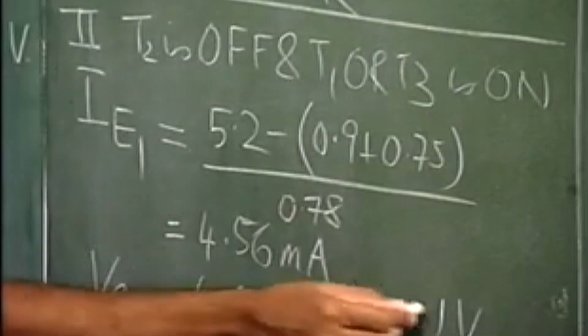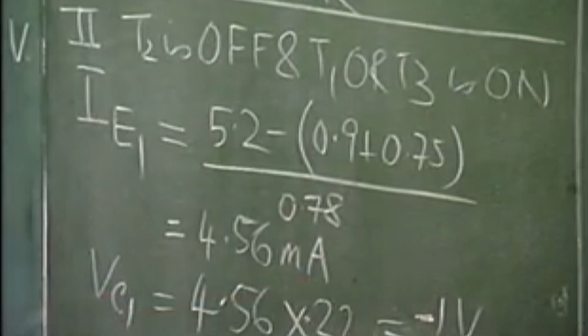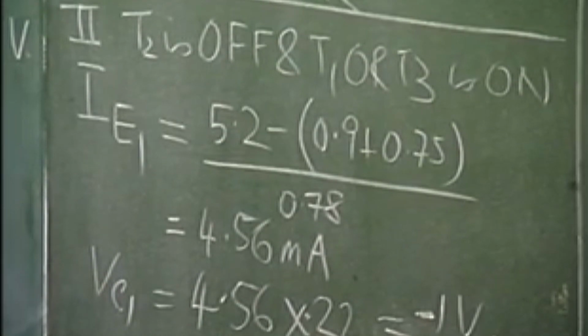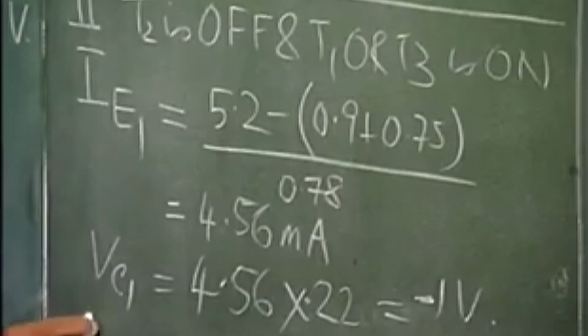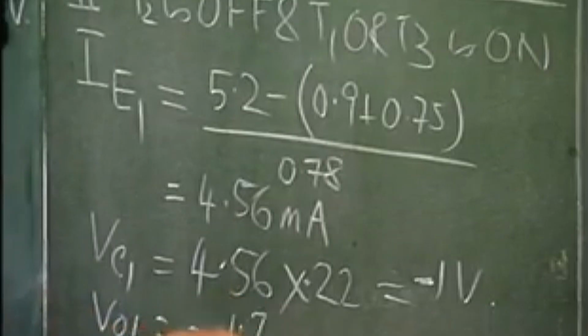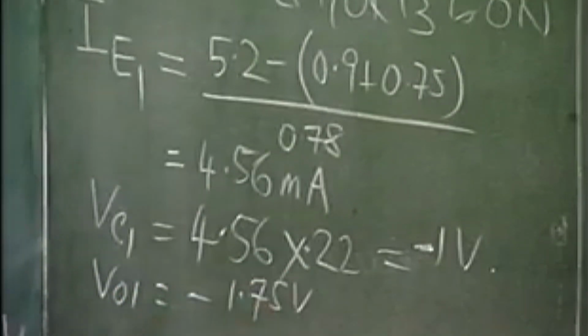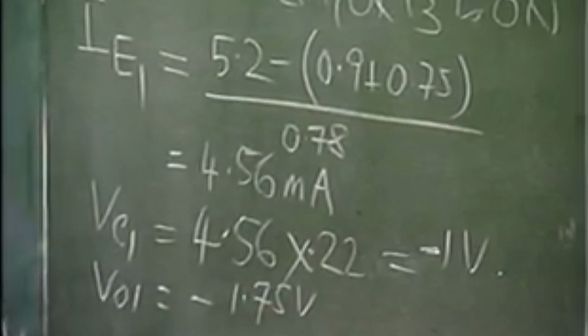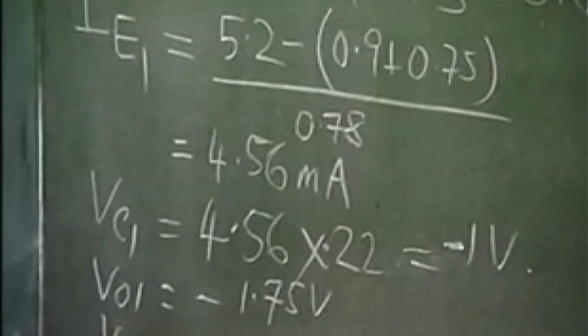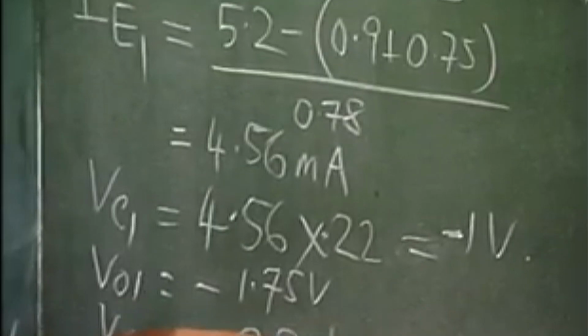So, VC1 is minus 1 volt. This is the drop across that resistance. And VO1 is minus 1.75 volts. It's almost the same as the previous case, and VO2 similarly is going to be minus 0.9 volts.